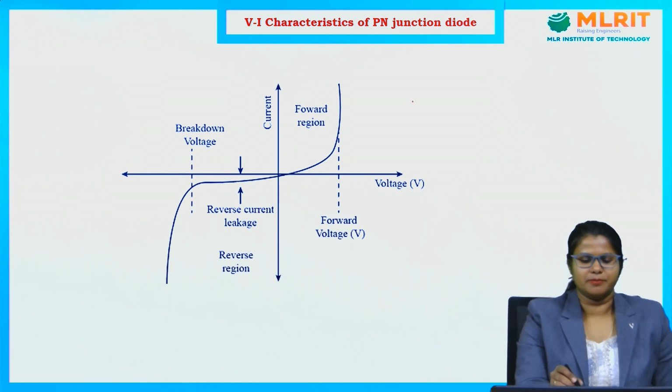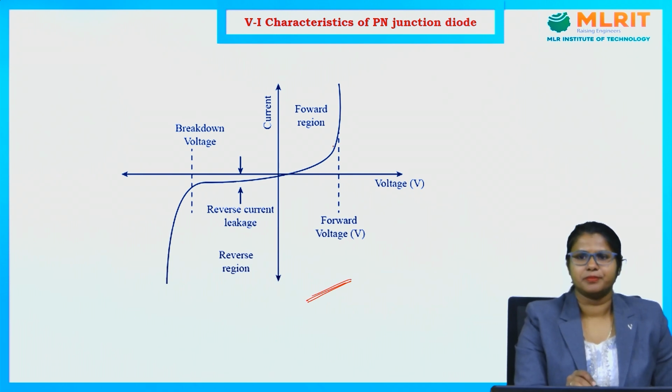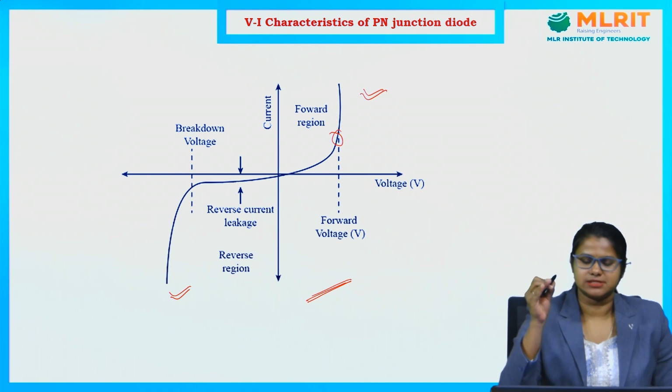So this is all about the complete characteristics of the PN junction. In this figure, I have shown both the forward bias characteristics and the reverse characteristics. The first quadrant represents the forward characteristics, and in the third quadrant the curve represents the reverse bias characteristics. In forward bias characteristics, the voltage where the current starts rising suddenly is known as the knee voltage.